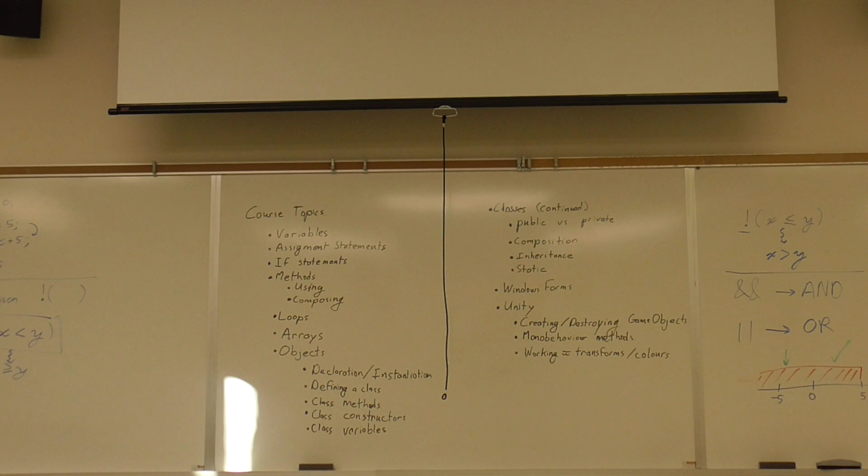Another interesting condition here: because of the way that this condition comes out, it's literally impossible for both of these conditions to be true at once. A number cannot be less than 5 and at the same time greater than 10. That's not how numbers work, right?